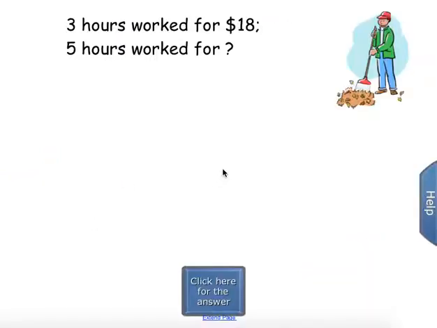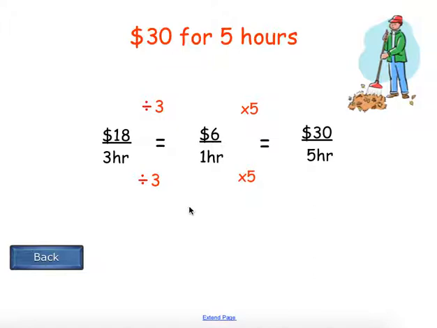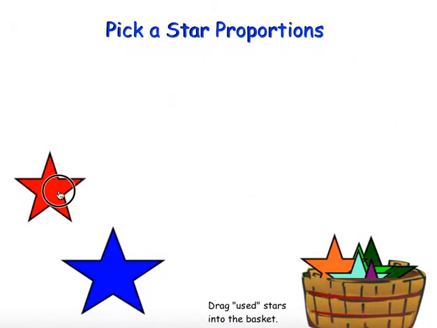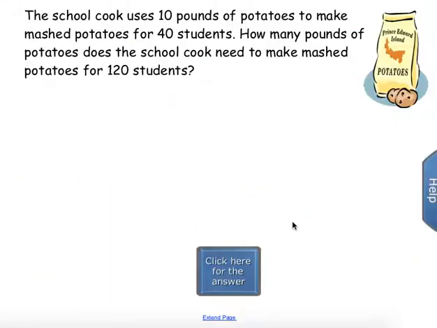Three hours worked for $18, so 5 hours worked for, well, this is just a proportion that we could set up. 3 over 18 equals 5 over $30. Okay, each hour is $6. This is a good unit rate one as well. And lastly, the school cook uses 10 pounds of potatoes to make mashed potatoes for 40 students.